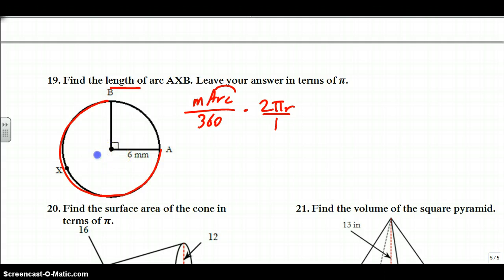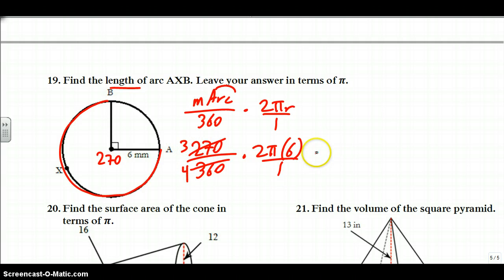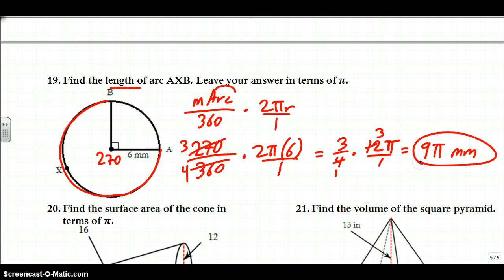If this is 90, that means this has to be 270. 360 minus 90. So you do 270 over 360 times 2 pi times the radius, which is 6. I know 270 reduces to 3/4 over here. So we get 3/4 times 12 pi over 1. How'd I get 12? 2 times 6. These reduce, and you get 9 pi. Let's see, this is millimeters, and it's length, so I don't have to square it or anything, okay? Basically, just take the measure of the arc divided by 360 times 2 pi r, okay?